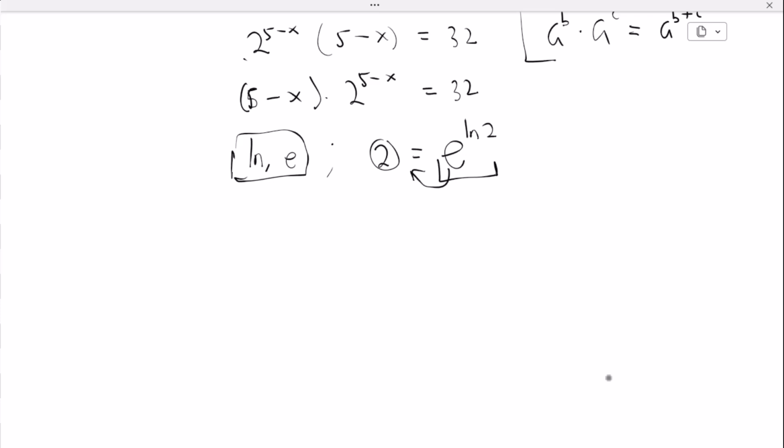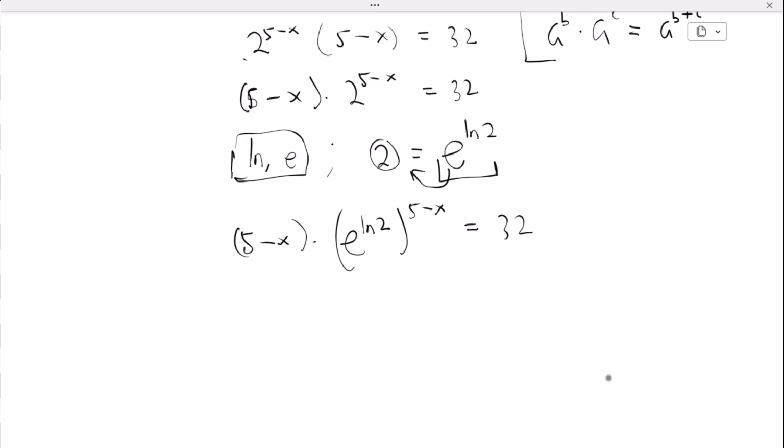So if we want to introduce that concept over here, we are going to have 5 minus x multiplying the expression e to the power natural log of 2. This expression represents our number 2. And then we're going to have raised to the exponent 5 minus x is equal to 32.